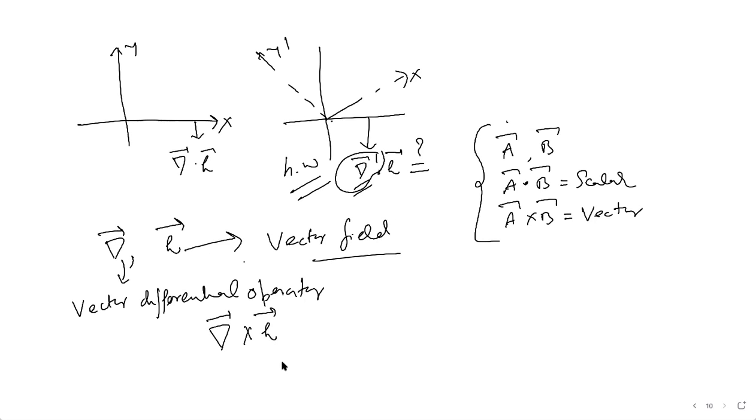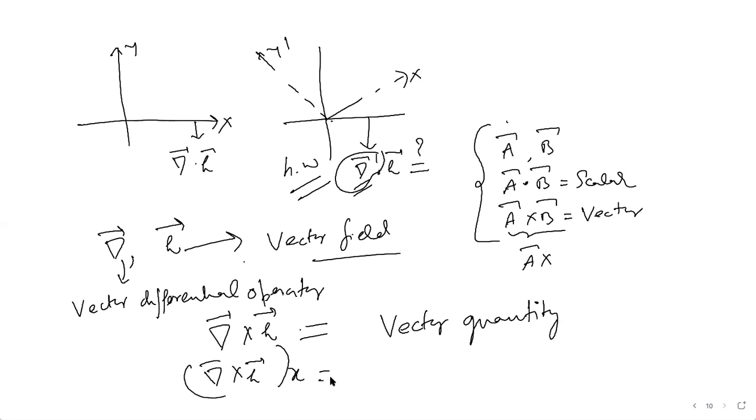First of all, what will this quantity be? Can someone tell? Vector quantity. Yeah, this will be a vector quantity. And in a similar way you write the components of this quantity. What will be the x component of it? Can you write down the x component?